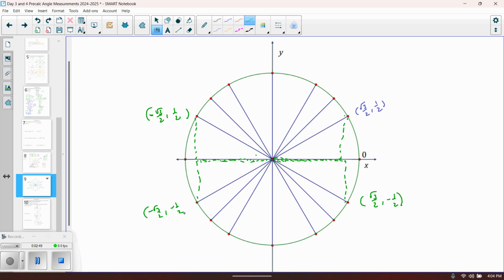Okay, so why is that important? Well, if I happen to know what this angle is right here, which is pi over 6, and I know what the angle is over here, I can very easily figure out what the sine and cosine of that angle is because I know it's going to be symmetric to the pi over 6 angle.